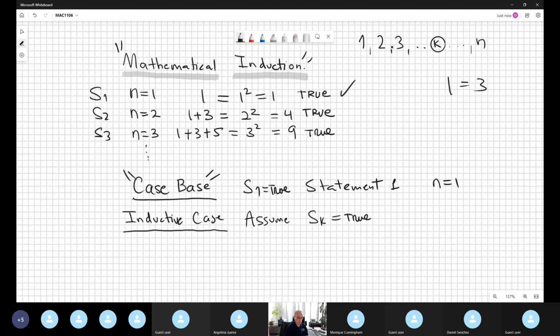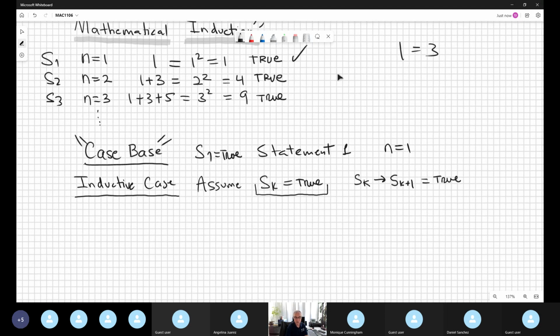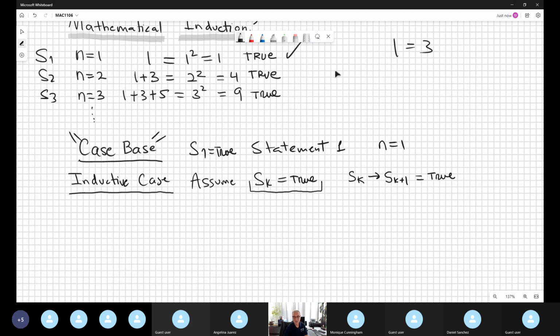However, under this assumption, you prove that A sub K implies that A sub K plus 1 is true. So under this assumption, you want to prove it. Maybe you don't understand very well now, but you see, magically, doing algebra, this is true.